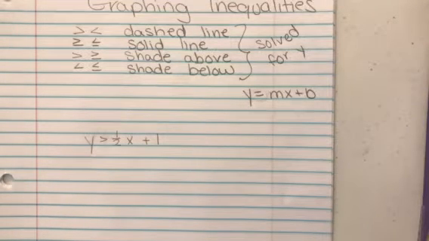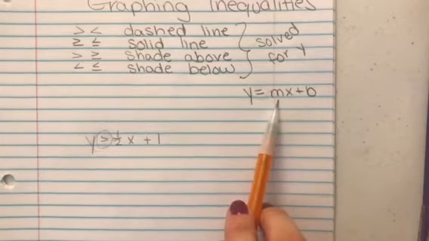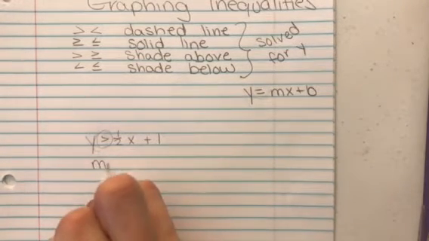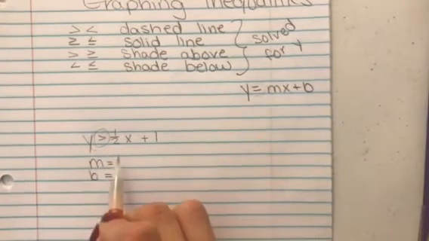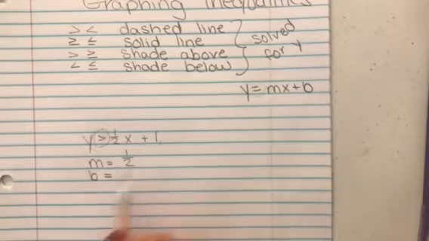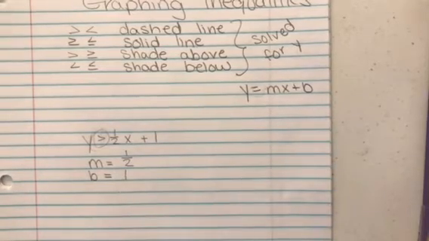Which means for the moment, let's ignore the fact that this is an inequality symbol at all, and pretend that it's just slope-intercept form, and we want to find m and b. So same as before, our slope is going to be 1/2. Our b is going to be 1.